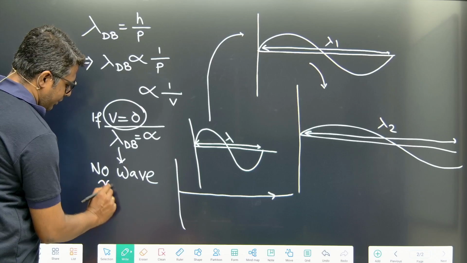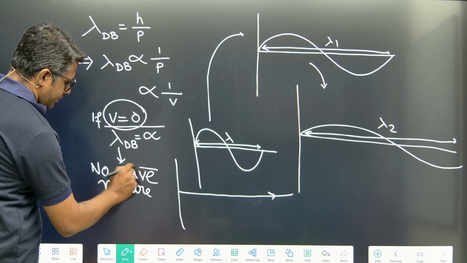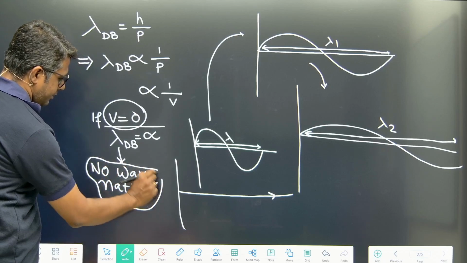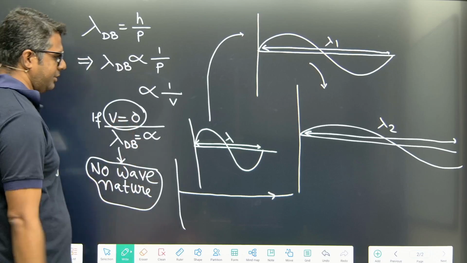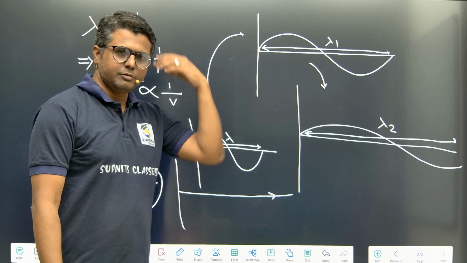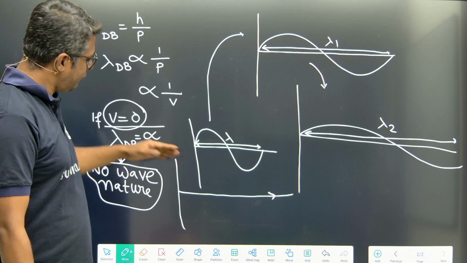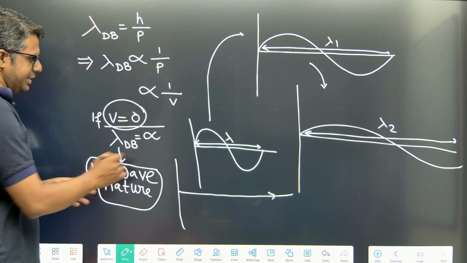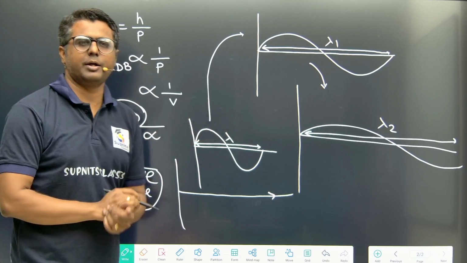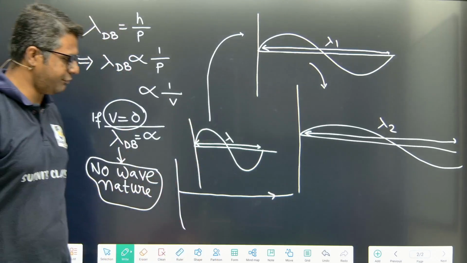This is very important. Okay, up to this it is okay. You can write this directly also, but you need to put some thought into why this is no wave nature. The reason is over here. So I hope I am able to explain to you why it is showing no wave nature. Clear?